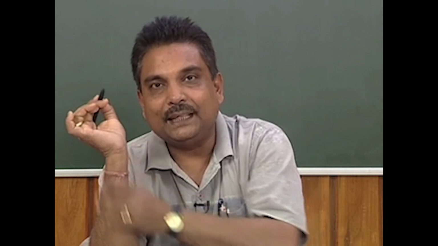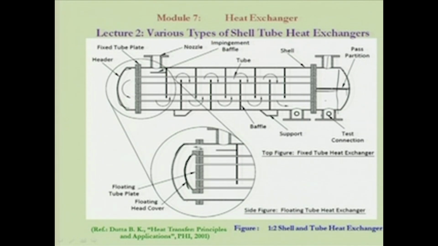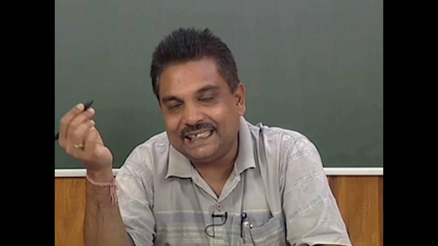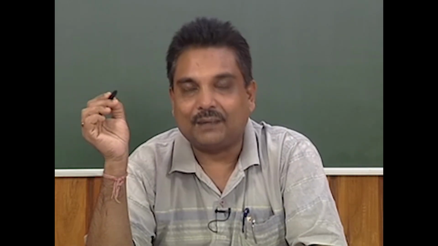So, when we put a pass partition in the tube side, the tube side fluid element will be in the exchanger twice. Similarly, we can increase the number of partitions, and for the shell side also we can have pass partition plates.